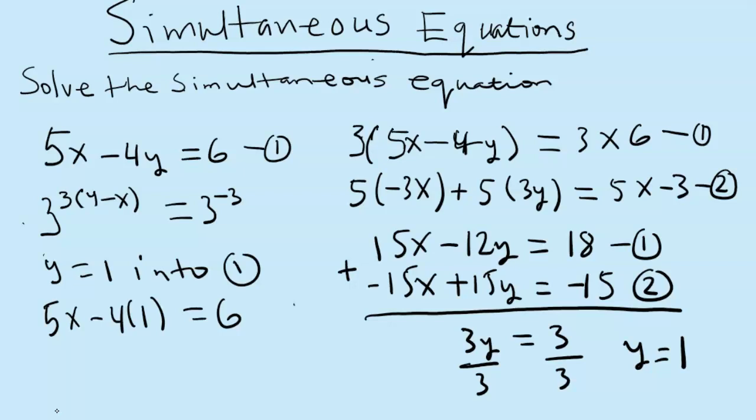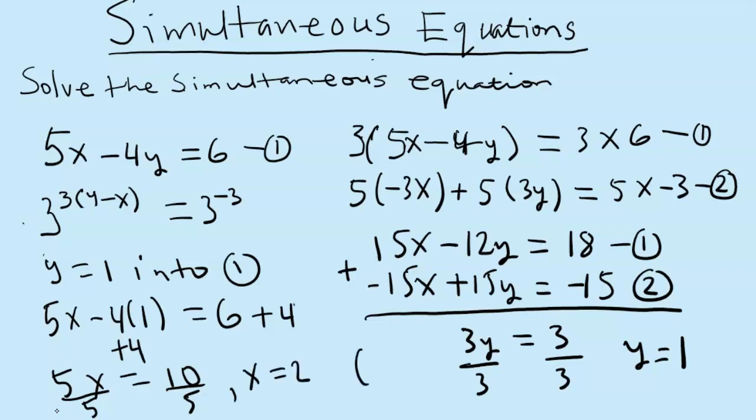Here we get -4, so we will add 4 here, and we will add 4 here, giving 5x equals 10. We divide both sides by 5, and we get x equals 2. So now our point is 2 and 1.